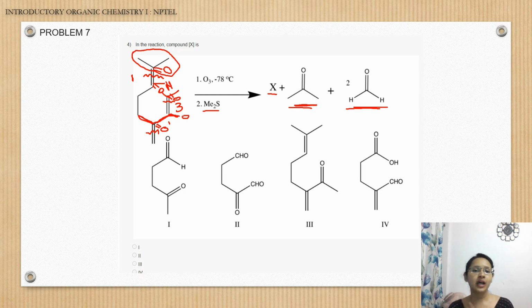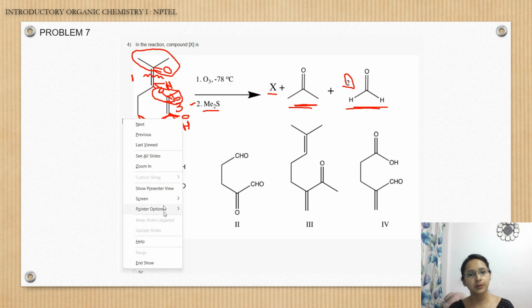Fine. So now here also one H is present. That is why you will have a CHO and again a formaldehyde moiety from this side. That is why you are getting two molecules of formaldehyde. So one formaldehyde is coming from alkene number 2 and another formaldehyde is coming from alkene number 3. This acetone is coming from alkene number 1.